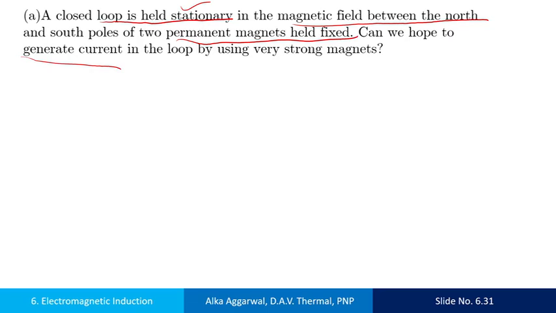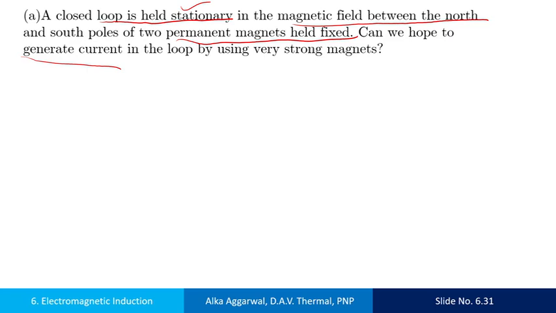Magnets are fixed, no change in the magnetic field. Current will be produced if the loop rotates, so that the angle between the normal to the loop and the magnetic field changes. Only in that case flux changes and the EMF can be induced.